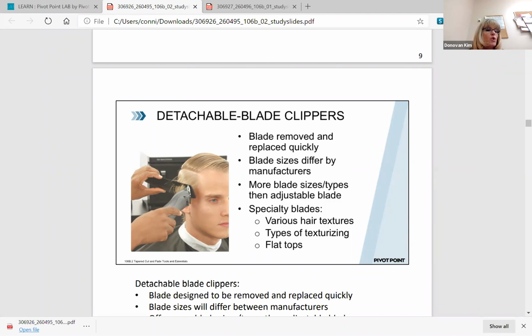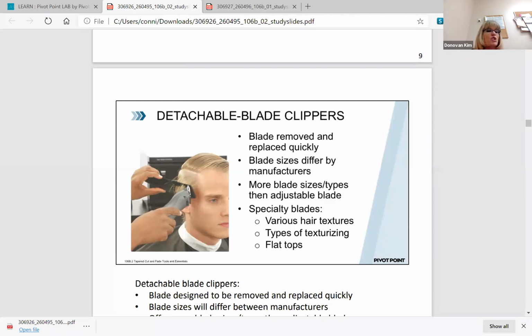These are designed to use quick without using tools and replace it. You just replace the blade. Blade sizes do differ between manufacturers, but Oster and Andis ones are interchangeable. If you have the Oster 76s and the Andis BGR, whatever they're called, I can't remember, the blades will actually fit on both clippers.